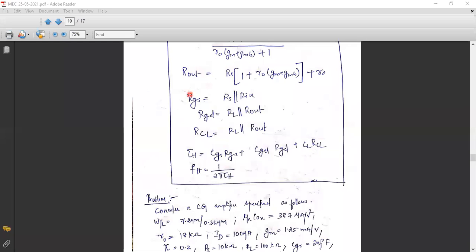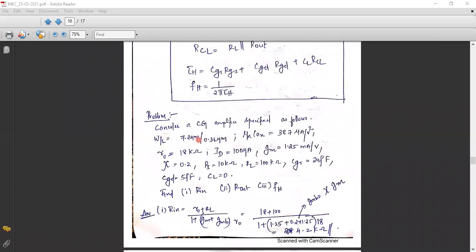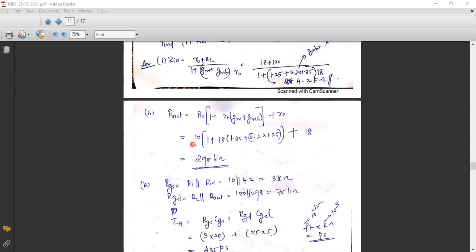You can spare at least 10 to 15 minutes for studying all the three results, CG, CS, and CD results. If you miss out on studying or remembering this equation, you can't score marks in the numericals. So take the equation, substitute all the relevant parameters. You will be getting the answer like 298 kilo.